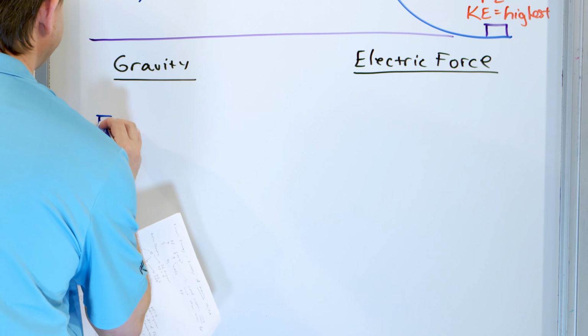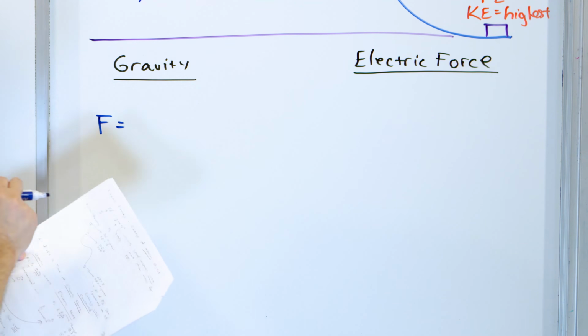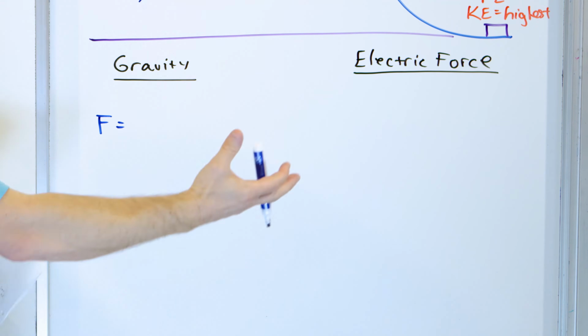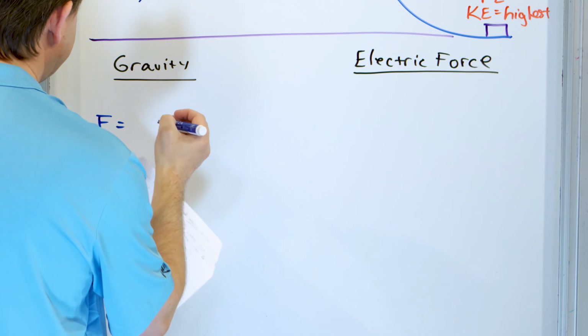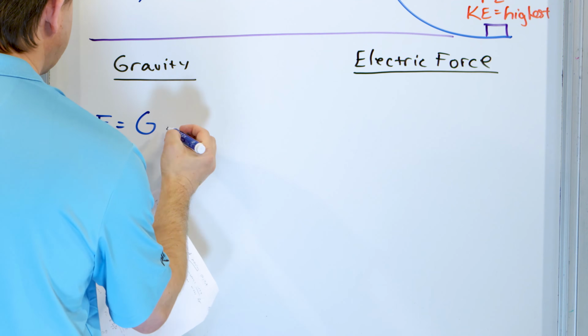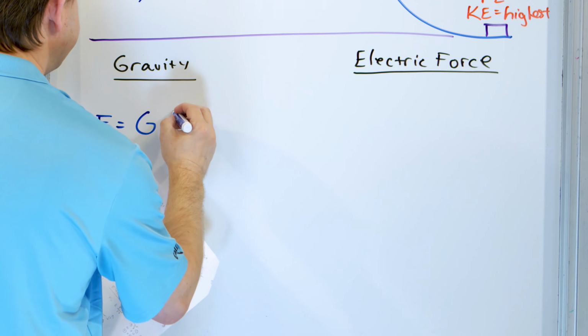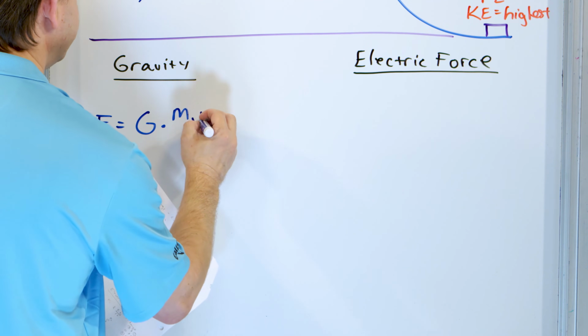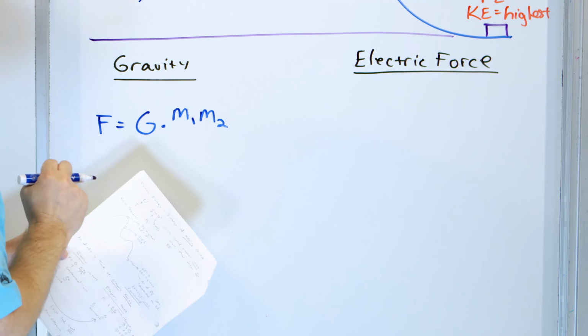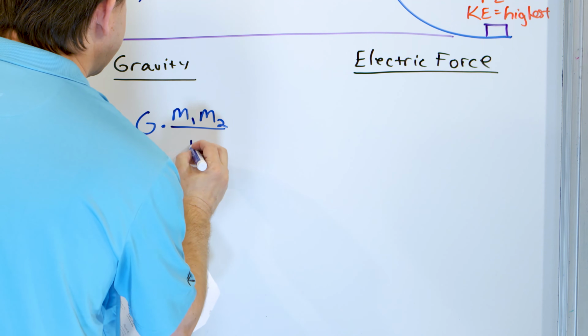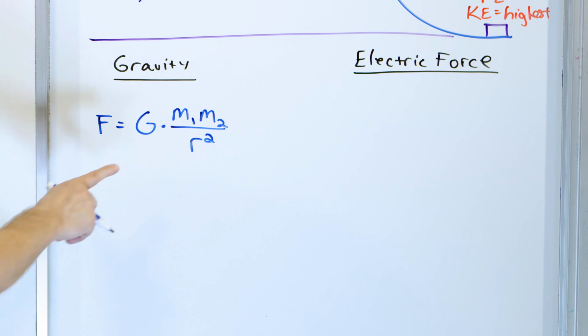The force of gravity between any two objects, like two apples or two planets or two anything, is just what we call the gravitational constant G multiplied by mass 1 of object 1 times mass 2 of object 2, and then it's divided by r squared, the distance between the objects.